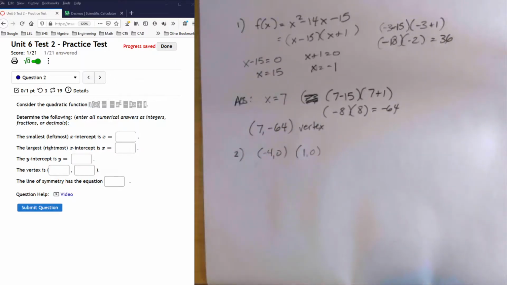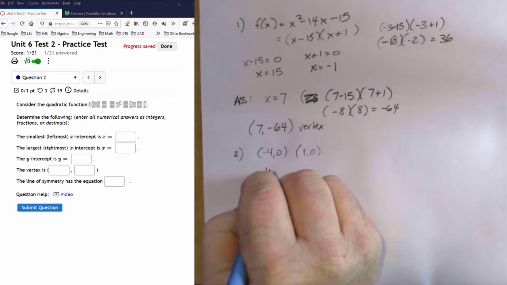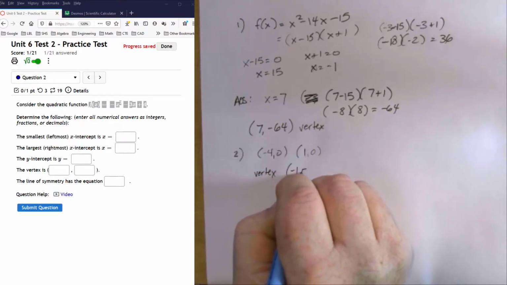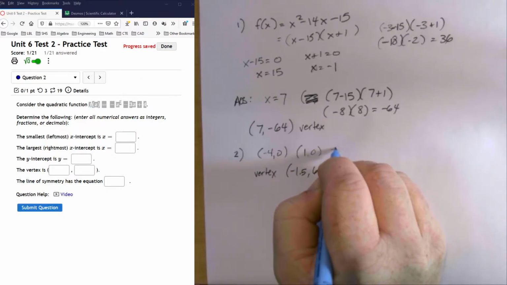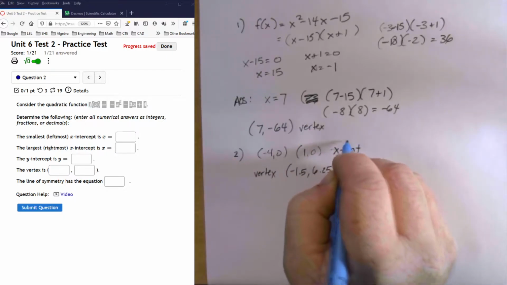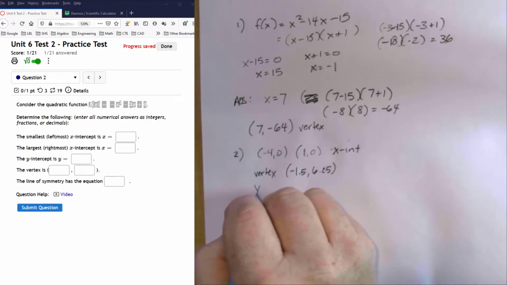Okay, my axis of symmetry and my vertex is halfway in between that. That's negative 1.5. So the vertex is negative 1.5, 6.25. And then my y-intercept is at 4.